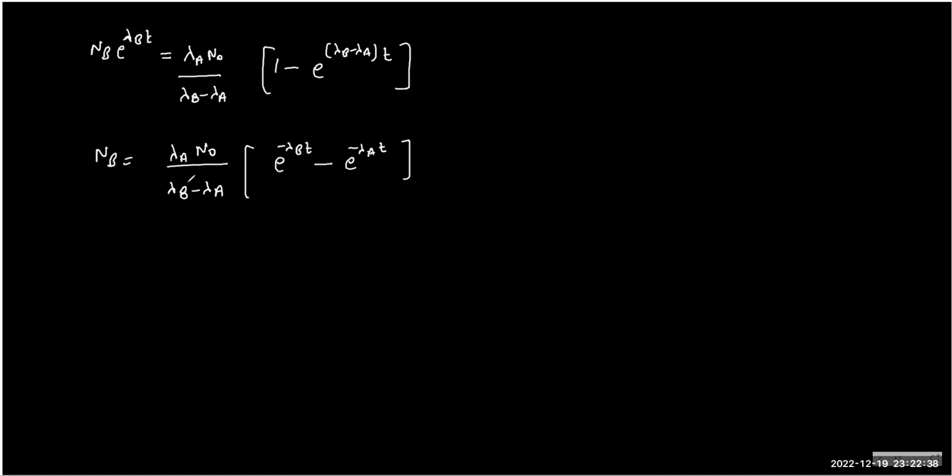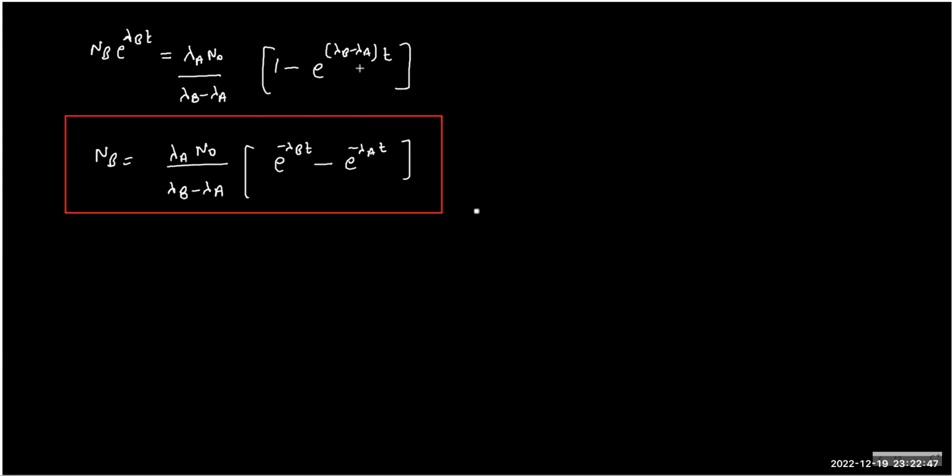So you can see something you can derive from here. This is the general answer, and now I can get the first answer using this relation, the first answer which I got without doing this. Let's say lambda b is much bigger than lambda a.